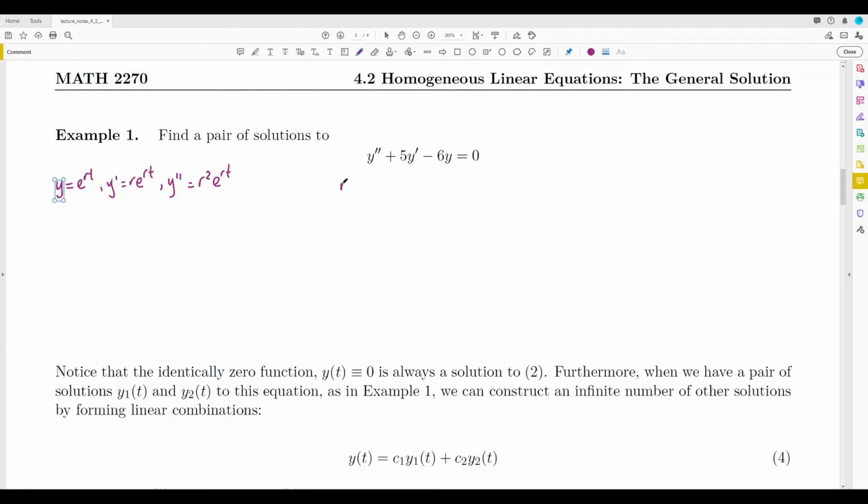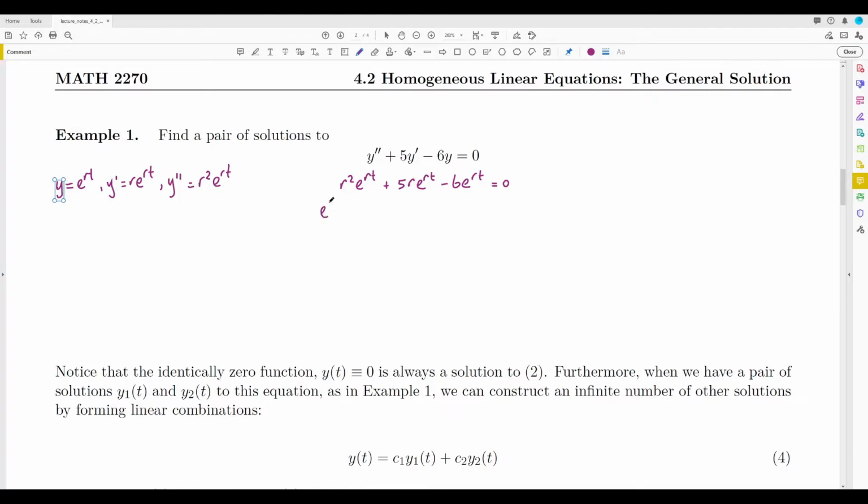y double prime gives us r squared e to the power rt, and then plus 5 times y prime, that's 5r e to the power rt, and then minus 6y, that gives us minus 6e to the power rt, equals 0.